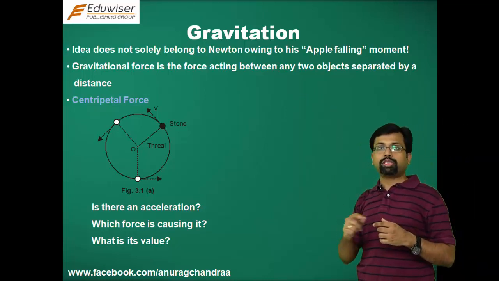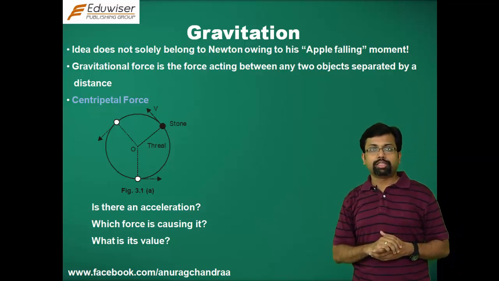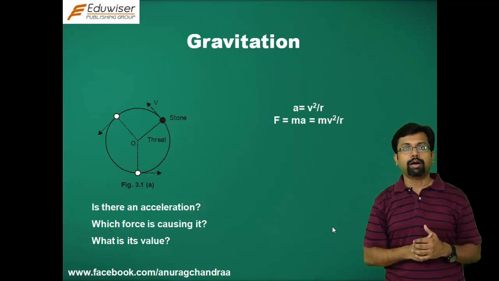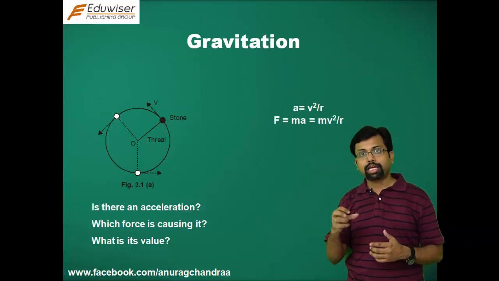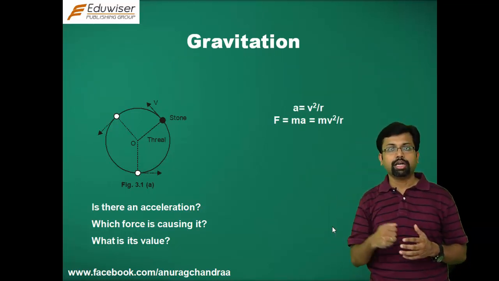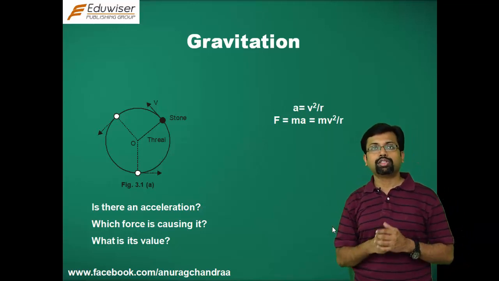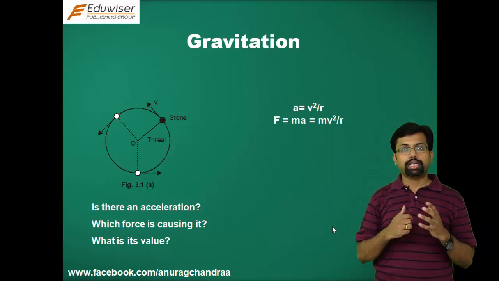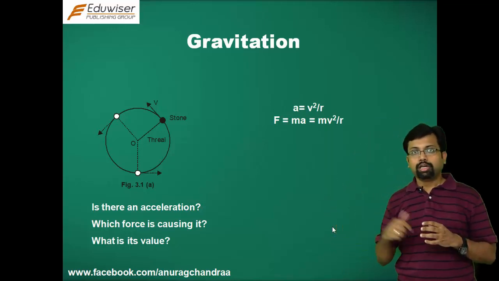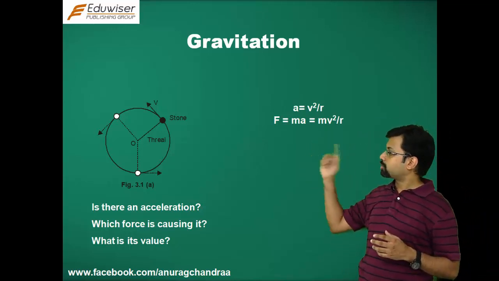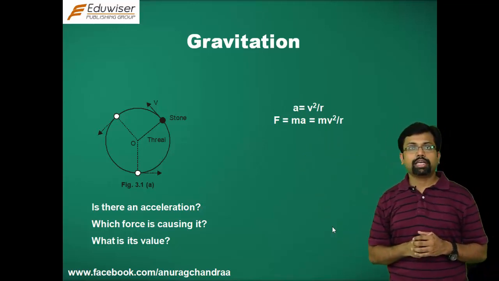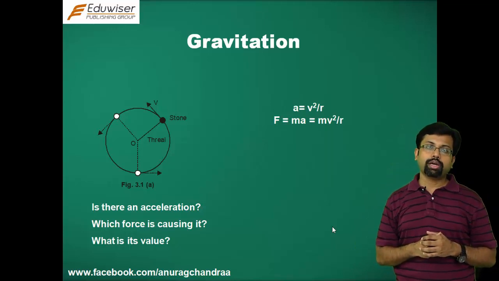So for any stone that is whirled around in a circle, the direction of its velocity would always be the tangent at that particular point, and the force acting on it would be towards the center, and this force is called the centripetal force. The magnitude of this force can be easily calculated. The acceleration that we experience when we whirl around a stone with velocity v in a circle of radius r is a = v square by r.